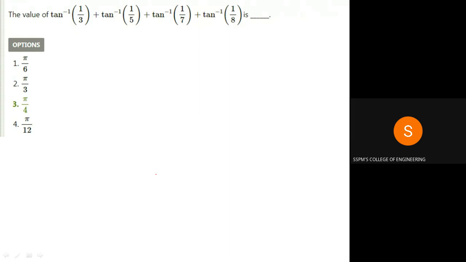Next example. Okay. First, I will write the necessary formula for solving this equation.